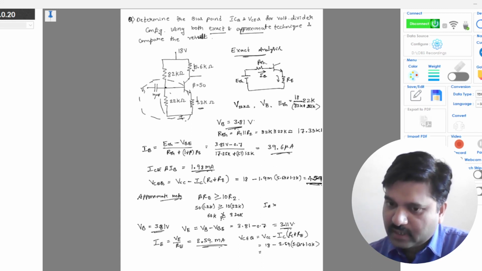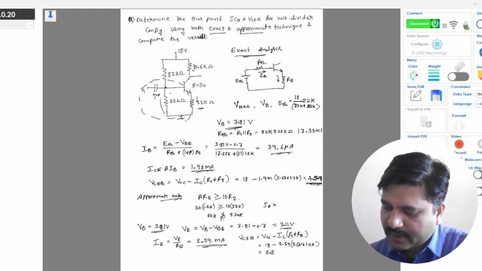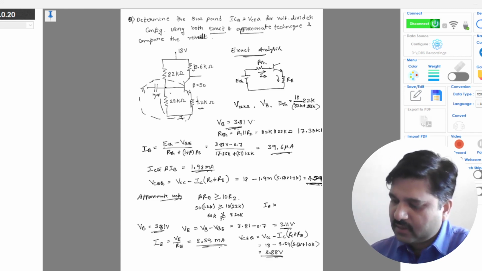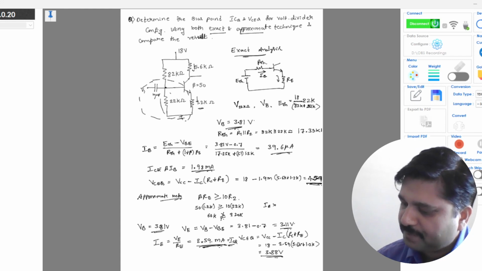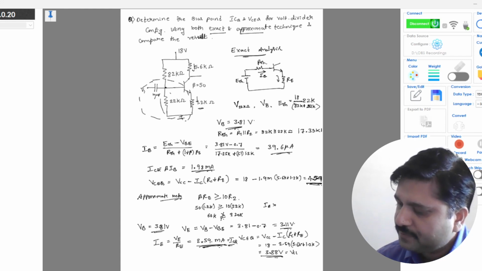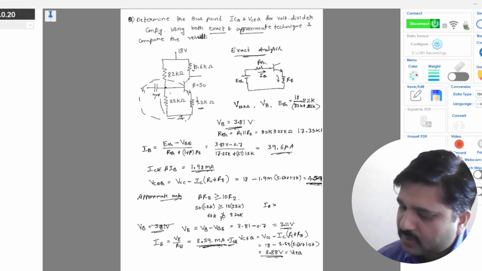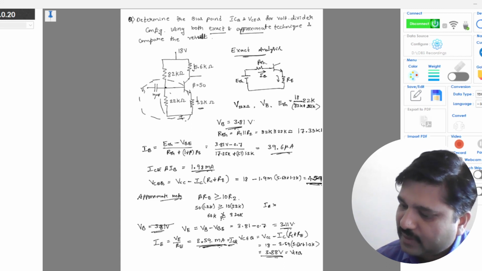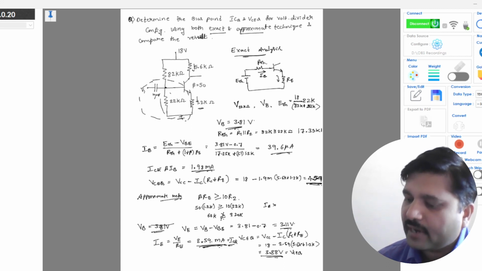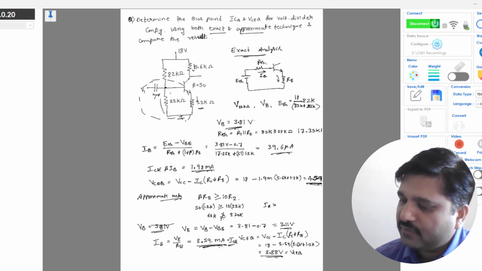So VCEQ you get around 3.88 volts, right? Here we get both ICQ, since IE is nothing but ICQ itself, and VCEQ using the approximate method as 2.59 milliamps and 3.88 volts, whereas in the exact analysis you get IC as 1.98 milliamps and VCEQ as 4.54 volts.